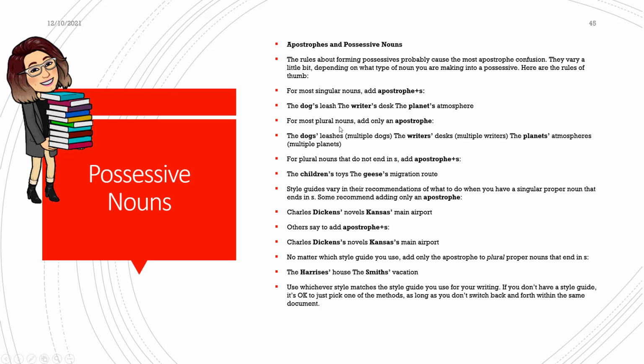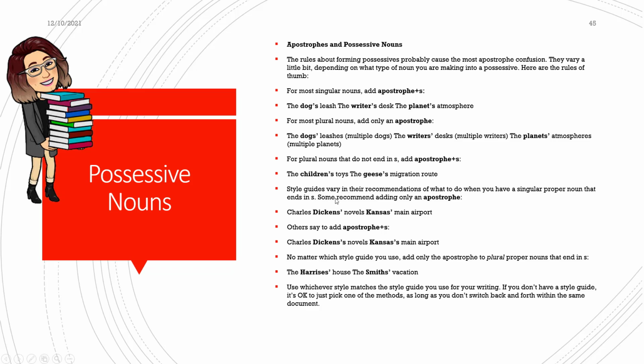For most plural nouns, add only an apostrophe: the dogs' leash, the writers' desk, the planets' atmospheres. For plural nouns that do not end in S, add apostrophe S: the children's toys, the geese's migration route.